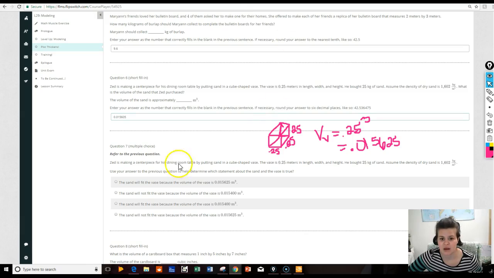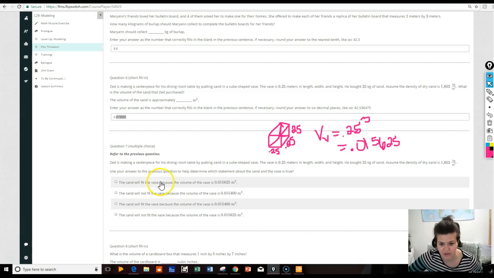So now if we come back to our course player, the volume of the sand was 0.015605. So it is less than the volume of our cube, so it will fit in it.